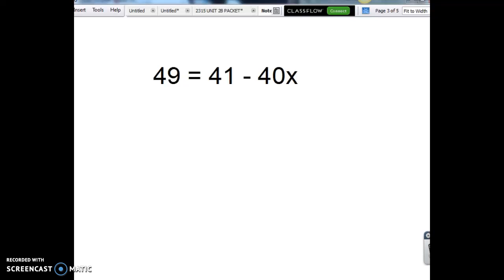Okay, folks, so before we start part 2 of this, let's go back to algebra for a second and just solve this equation. 49 equals 41 minus 40x. So we have all our x's on one side. I need to get rid of this 41 by subtracting 41 from both sides. And notice we're going to get an 8.